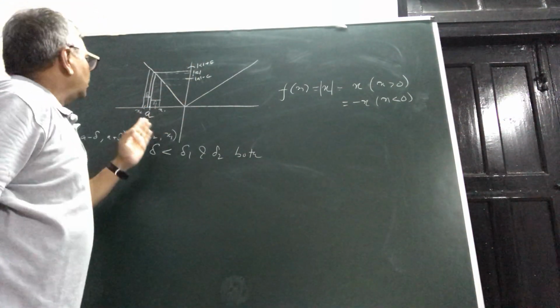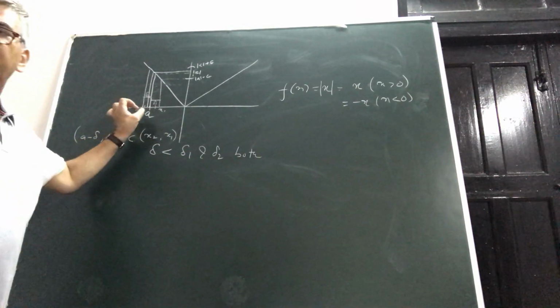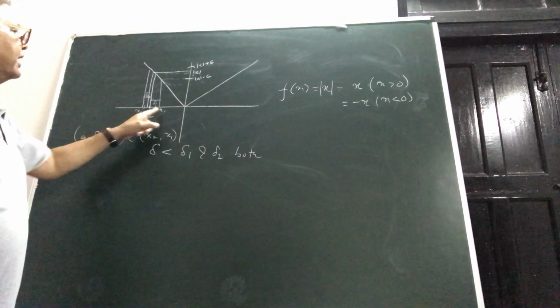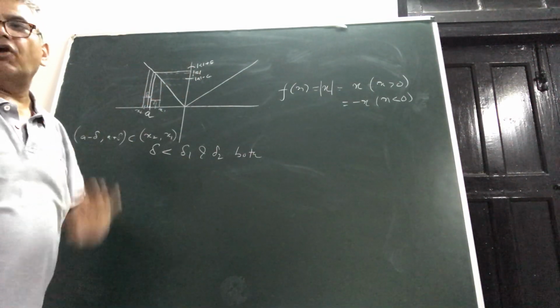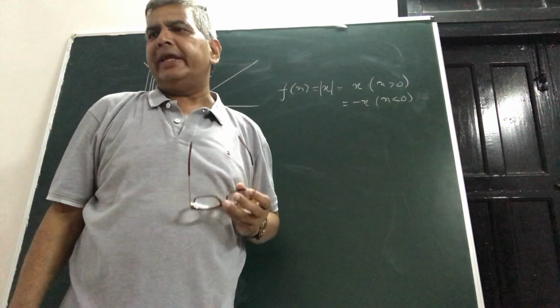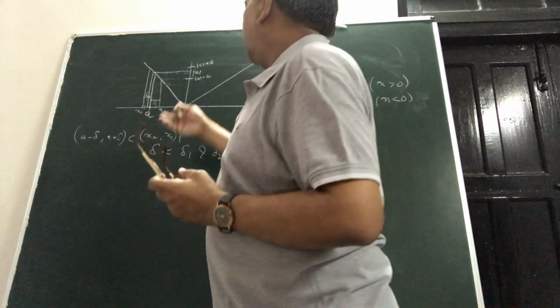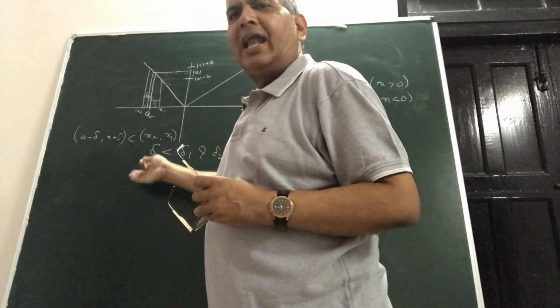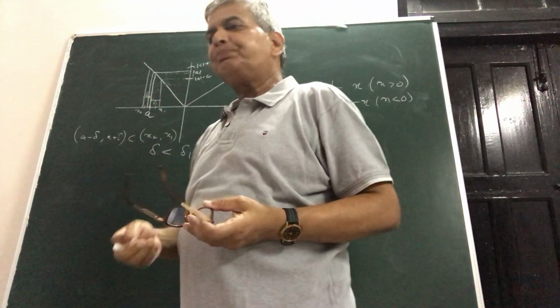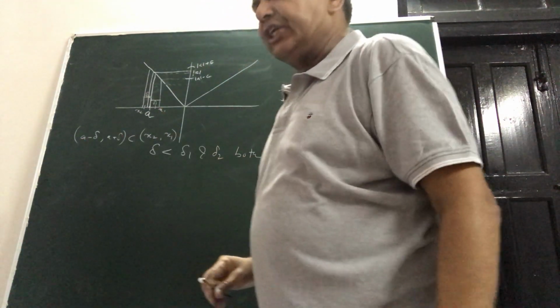So obviously for a smaller interval lying within x2 and x1, the values will fall within it. So this is a geometrical method for proving that the limiting value of the modulus function is nothing but its functional value.